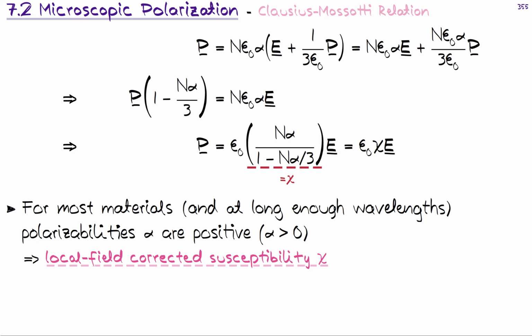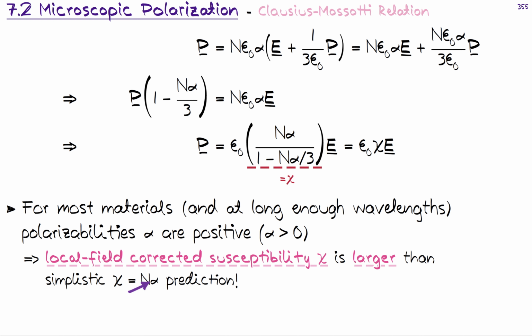If you would like to estimate this local field corrected susceptibility, we note that if you put a positive alpha into the terms inside the parentheses, the local field corrected material response, the susceptibility, is actually larger than the simplistic chi equals n times alpha prediction. And please note, this would be the relation if there would not be this notion of local field.